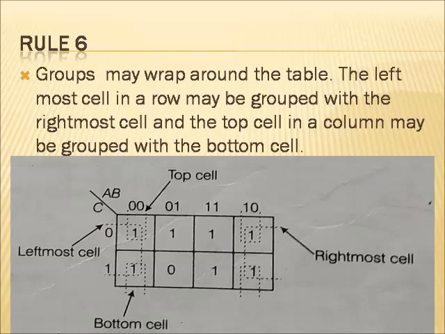Another quad joining all the ones on the corners, that is the leftmost corner top part, rightmost corner top part, and again leftmost corner lower part, and rightmost corner lower part, right? So the groups can be formed in this way also.